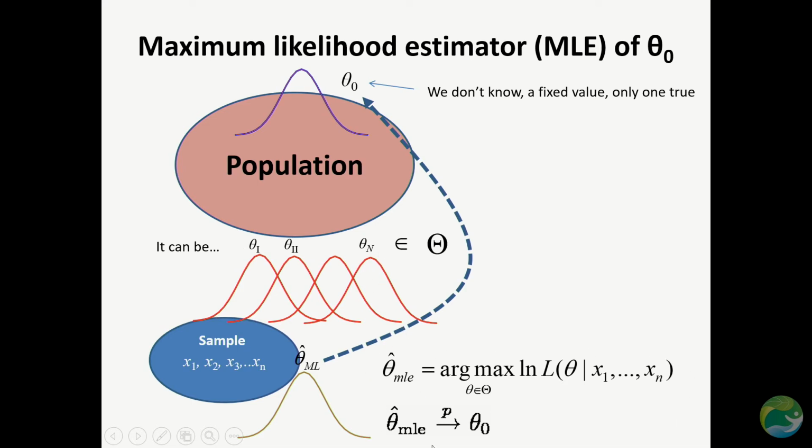This is the idea of the MLE, the maximum likelihood estimate. This one with the hat is the estimate value, from this function. This function is what we want to do.